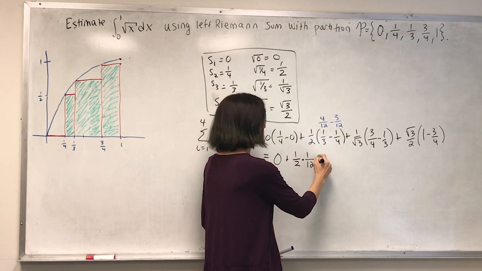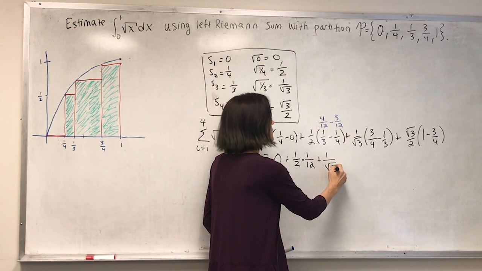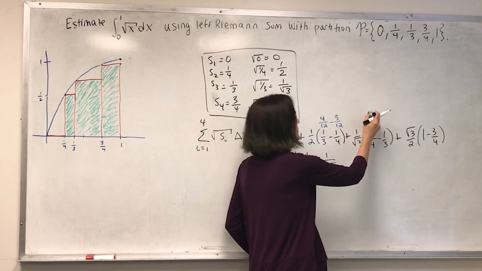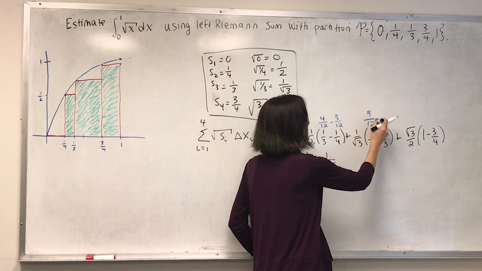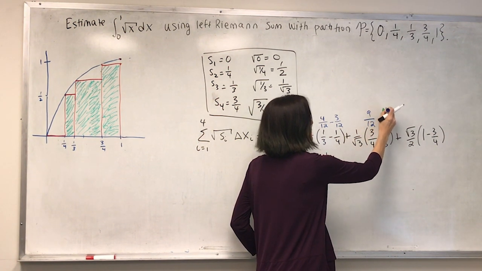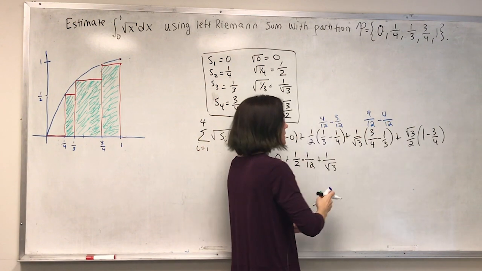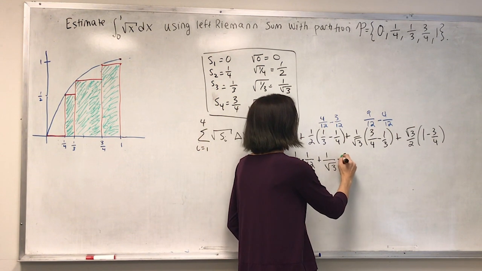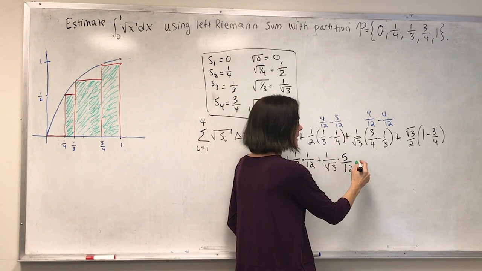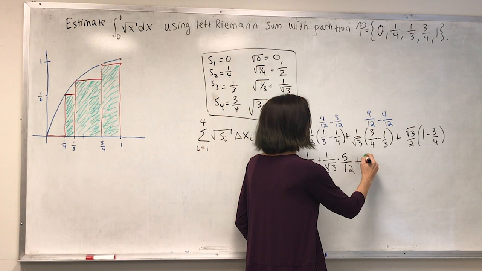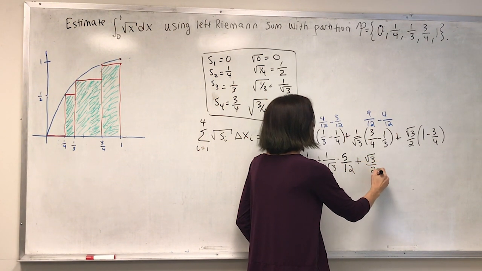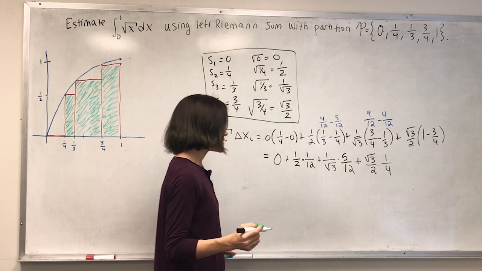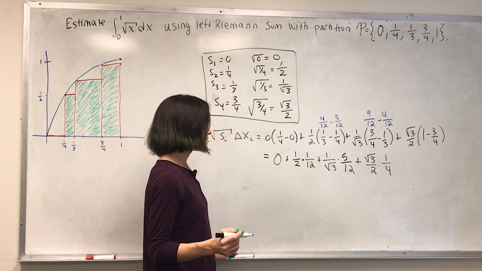Then we have a plus 1 over the square root of 3 times, again, if we do our common denominator, this is going to be 9 over 12 minus 4 over 12. Okay, this will be 5 over 12. And then finally, we have a plus the square root of 3 over 2 times 1/4. What can we do to this? Well, not really a lot.